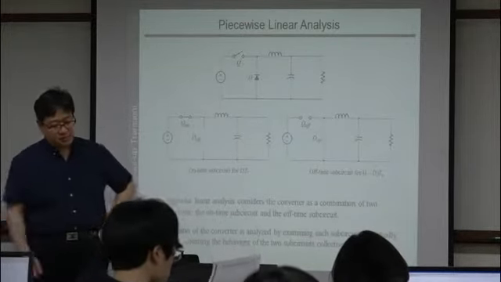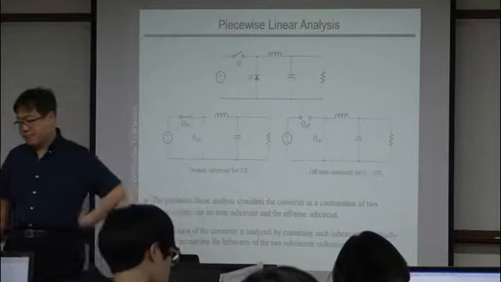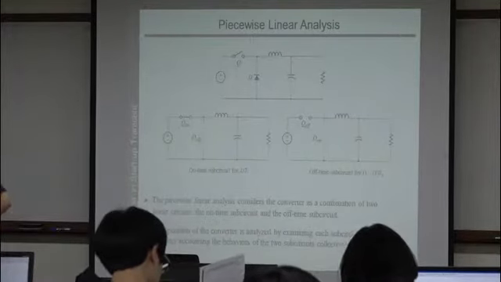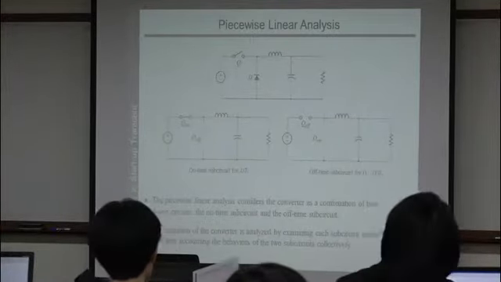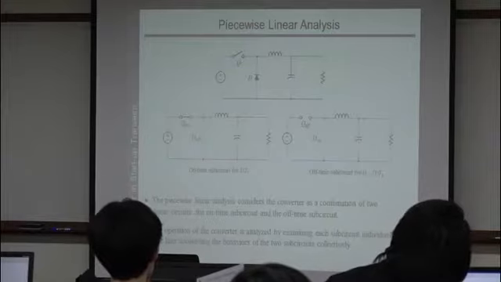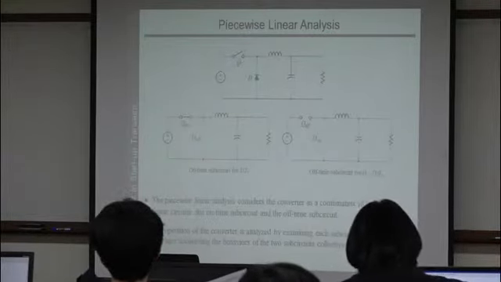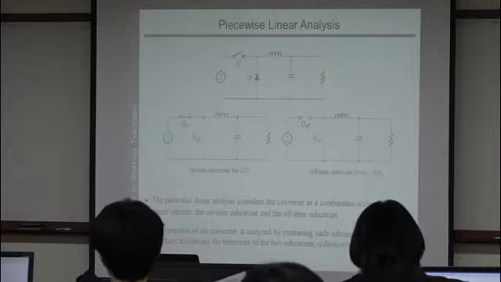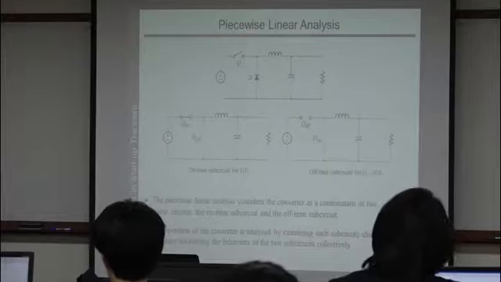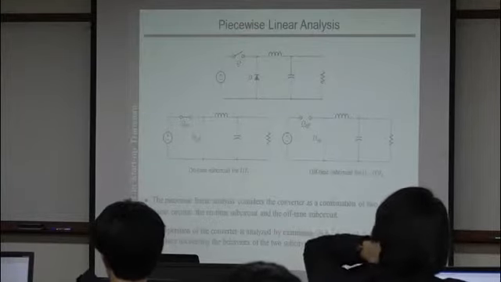Then, think about it. You know the linear time invariant circuit, right? Then what about the power electronic circuit? First, is it linear? Mostly it is non-linear, right? And what about time invariant?